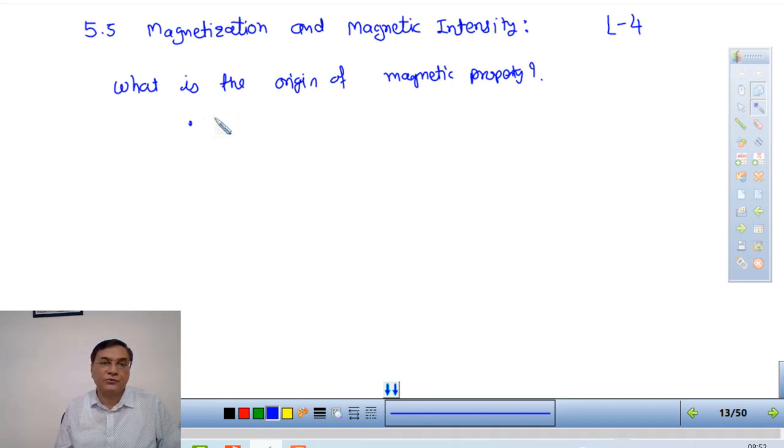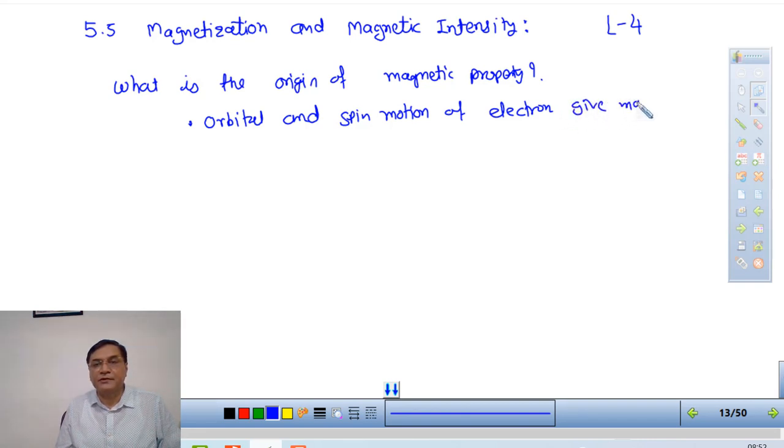So if you see microscopically, we can say that the orbital and spin motion of electron gives magnetic property to any substance. It may be natural or it may be man-made or artificial compound.